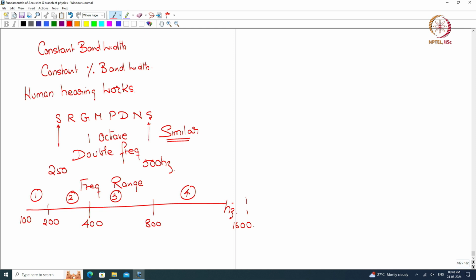Now one thing that happens is very quickly it becomes very rough. So here we have suddenly a 400 hertz band, then here we have an 800 hertz band. On one hand we do not want a narrow band because it is expensive, but on the other hand we do not want to lose the characteristic either.